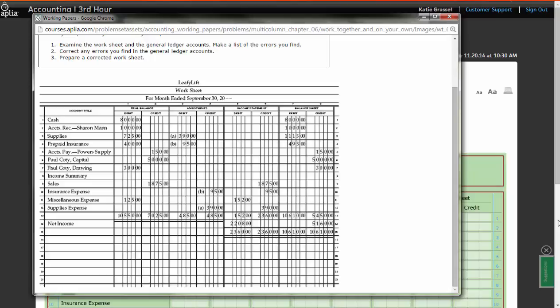Remember, we have 4 reasons. What's wrong with step number 1? What's the first thing we do in a worksheet? Well, that's part of it. The first, we have 4 things that we complete on a worksheet. What's the first one? Trial balance.